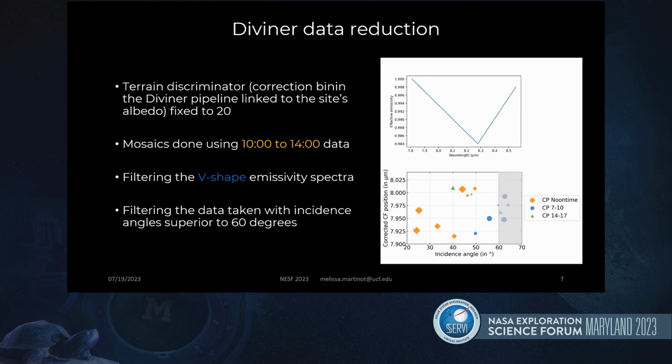On this graph at the bottom, all the blue points are early morning data, all the green points are late afternoon data, and all the orange points are the noontime data. We can see that early morning and late afternoon data tend to have incidence angles of more than 60 degrees.